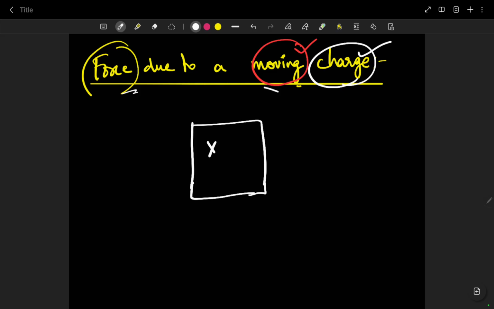So I'm assuming that this is the magnetic field, and I hope you know that this is basically telling that the magnetic field is inside, right? Inside the screen for me, inside the book for you, inside the whiteboard if I'm doing it in the class, right? So that is the direction of magnetic field.